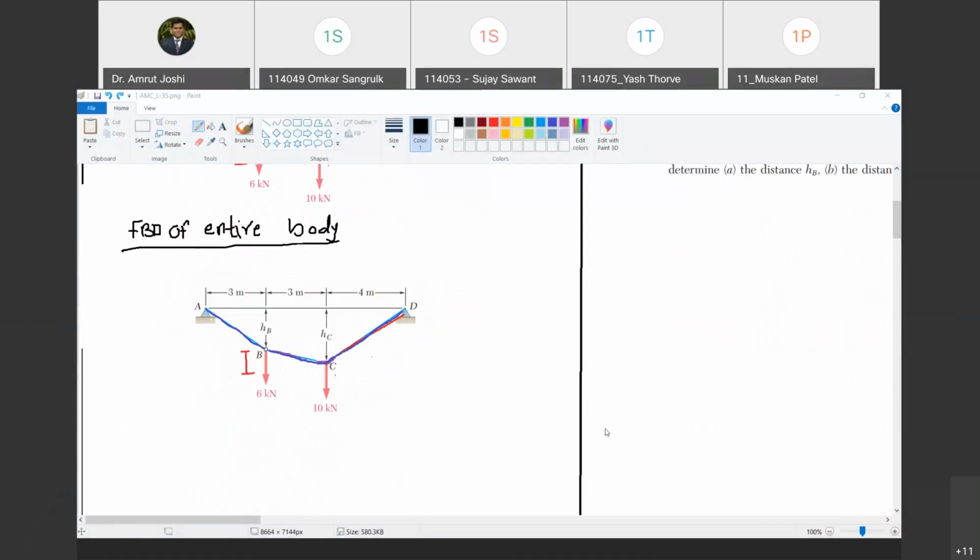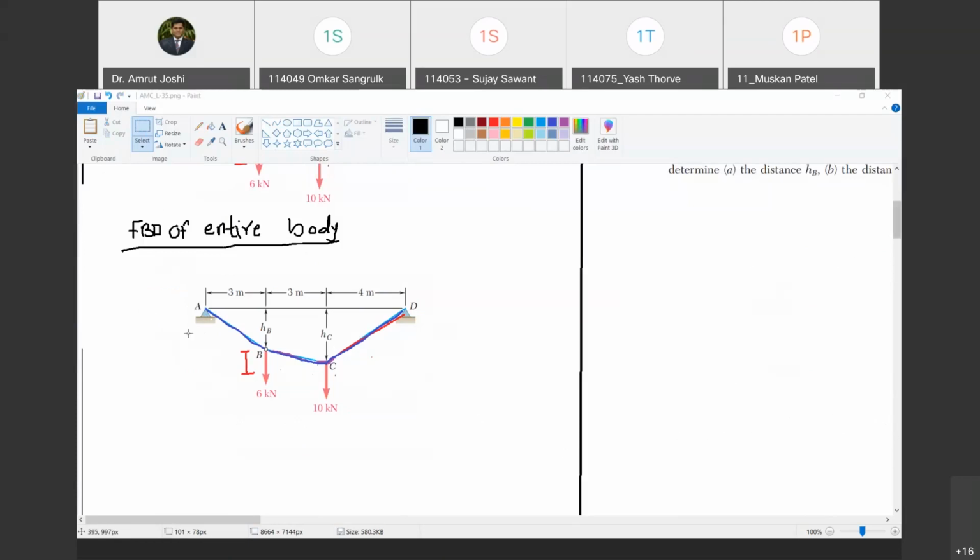So on the left hand side, we have a hinge support. How many reactions can it offer? It can offer 2 reactions. I could show that as either HA and VA, but we have already discussed in the last class that if you have a cable in your hand tied to a nail driven in the wall, and you pull that cable at an angle theta, then the reaction that the wall offers is also along angle theta.